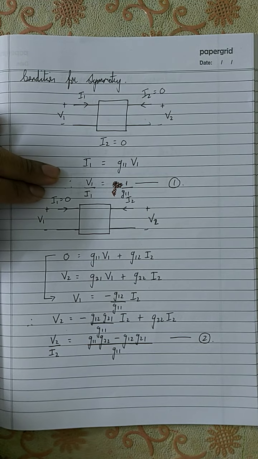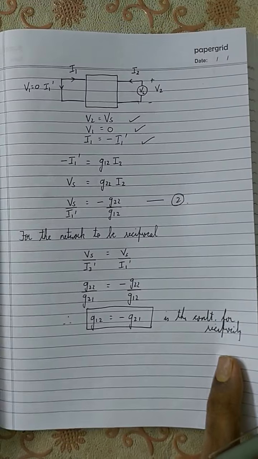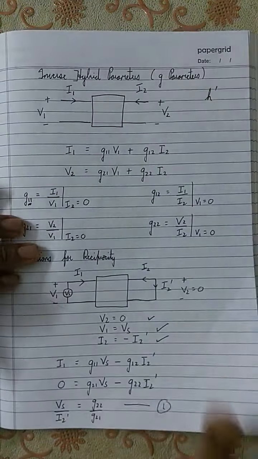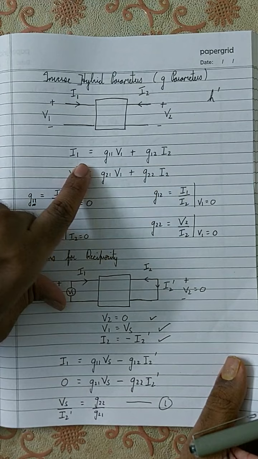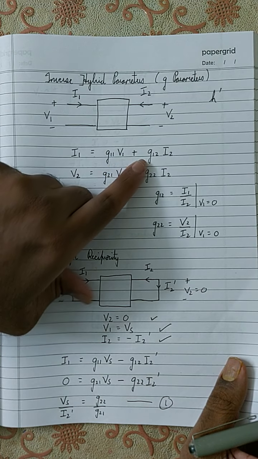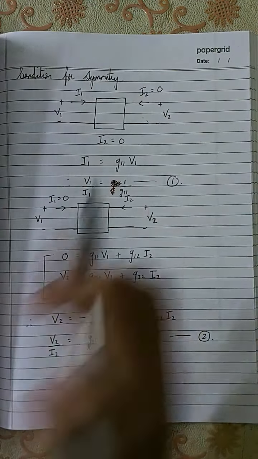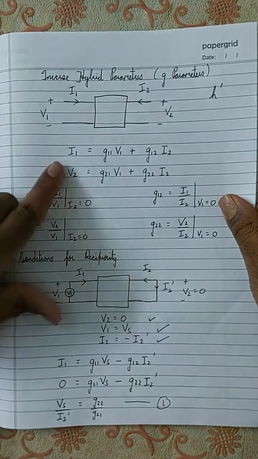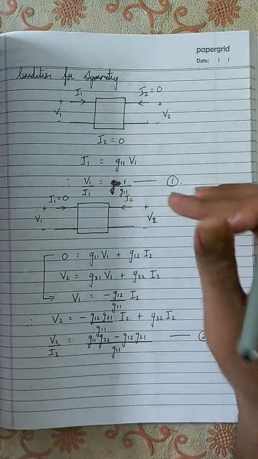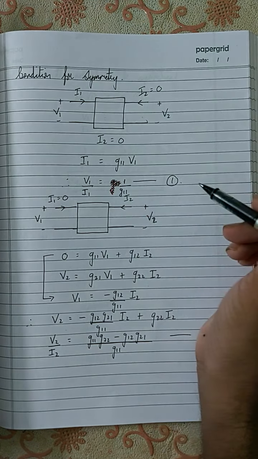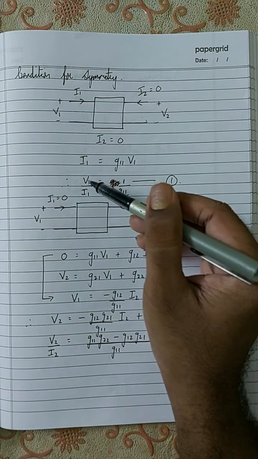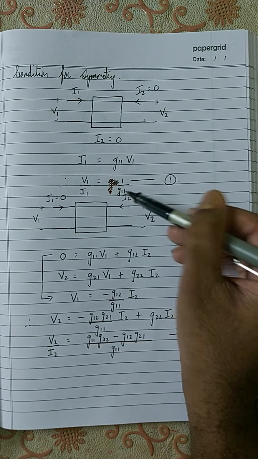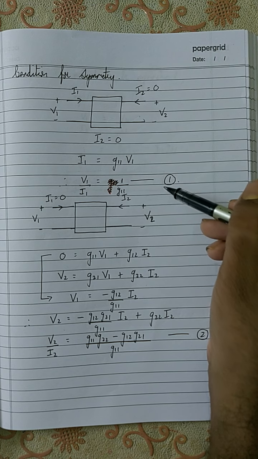I1 is equal to G11 V1 plus G12 I2. By putting I2 equal to 0, the second term will disappear. So I1 is equal to G11 V1, or in other words, V1 by I1 is equal to 1 by G11. So that is equation 1.